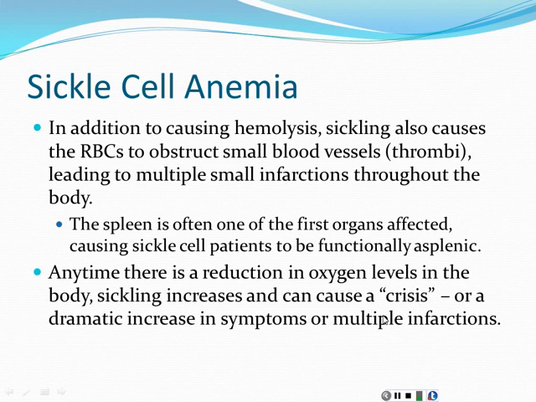Because the sickling is triggered by deoxygenation, anytime the patient has an oxygen issue, let's say they have a pneumonia, in the normal patient, a pneumonia reduces oxygen concentrations, but it still is well within a patient's tolerance. In the sickle cell patient with pneumonia, it sets them into a massive sickle crisis, because all over the body now these cells are sickling, because the trigger to go from normal red blood cell to sickle cell is a drop in oxygen concentration.